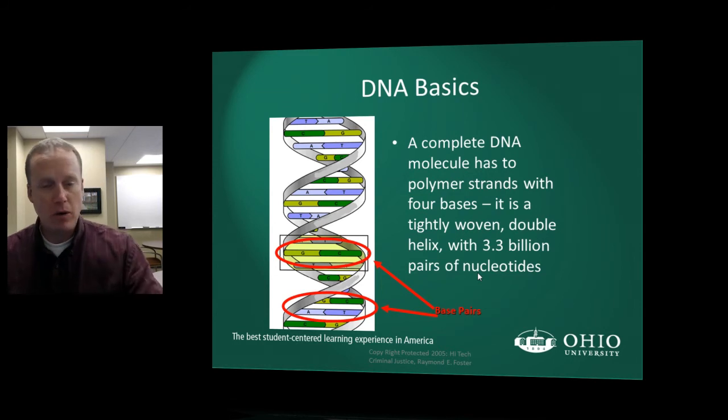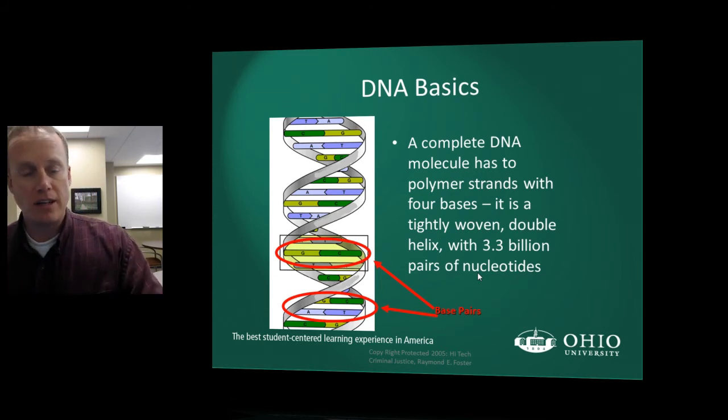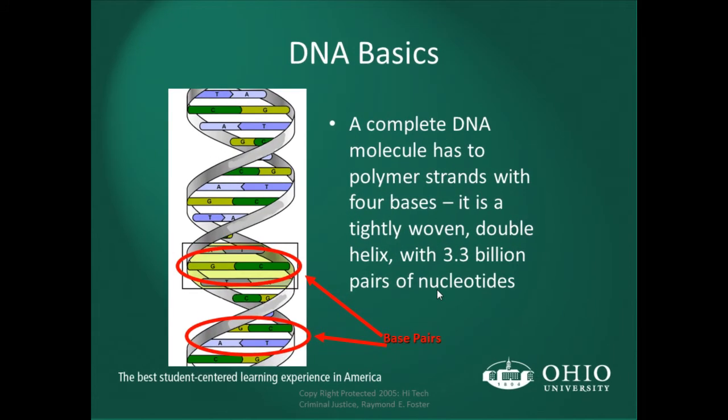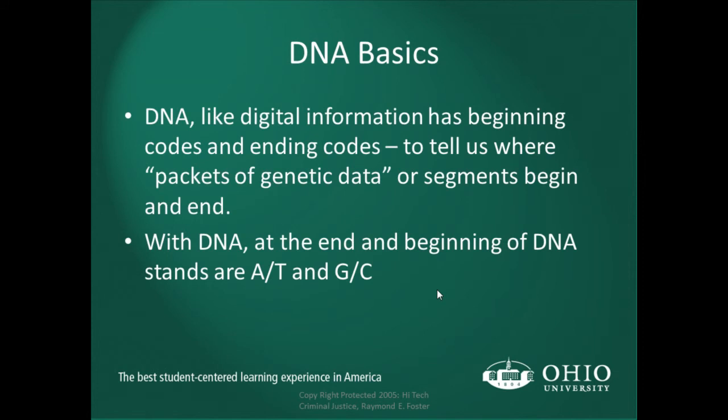So you can see here what I was mentioning earlier, that the base pairs that group together are going to be guanine and cytosine, and then adenine and thymine. DNA is like digital information, which has beginning codes and ending codes. They tell us where packets of genetic data or the segments end. With DNA, at the end and the beginning of the DNA strands are the base pairs adenine, thymine, and guanine, cytosine. Excuse me.